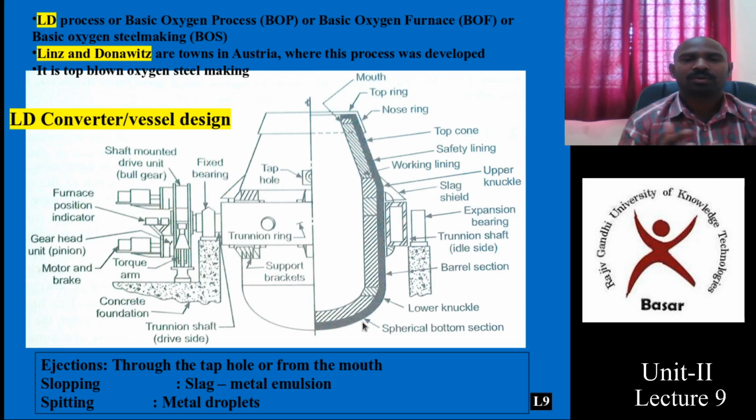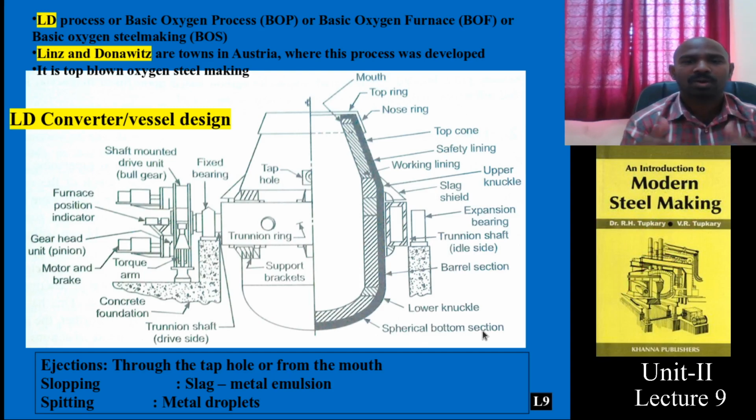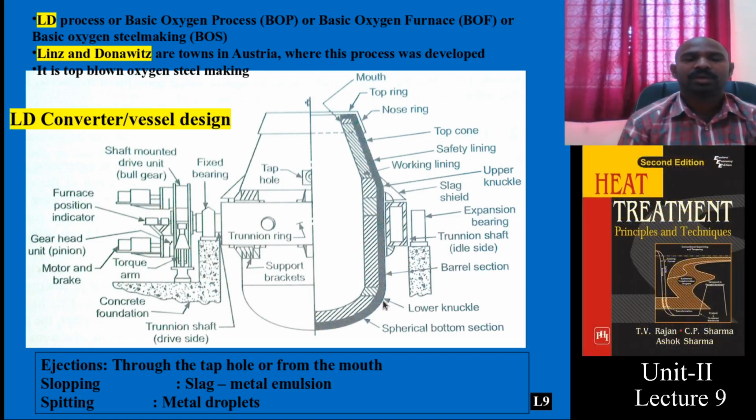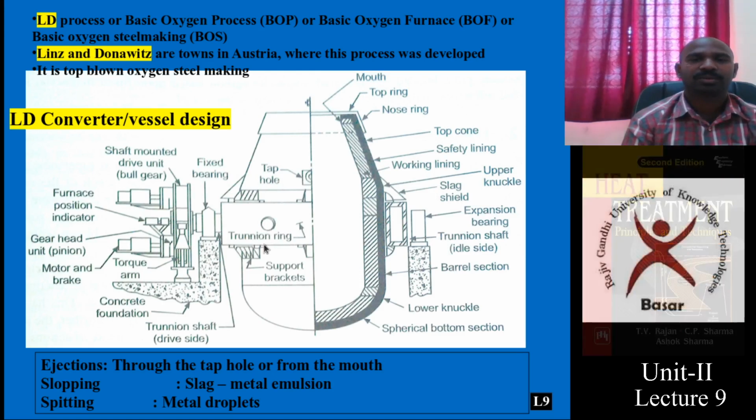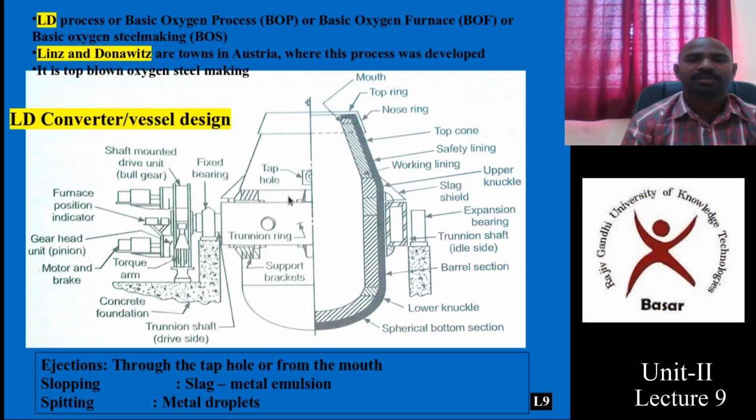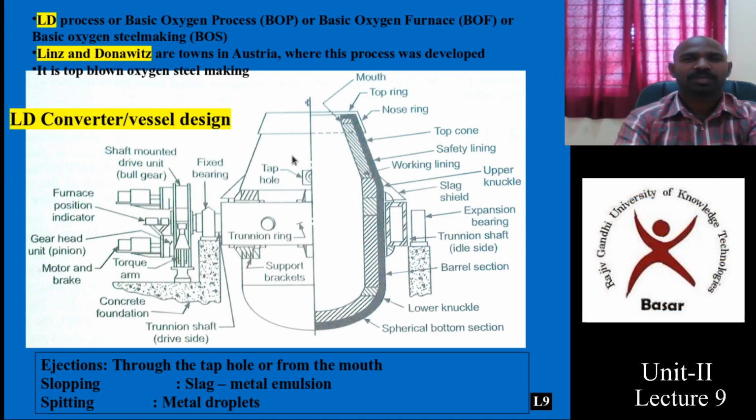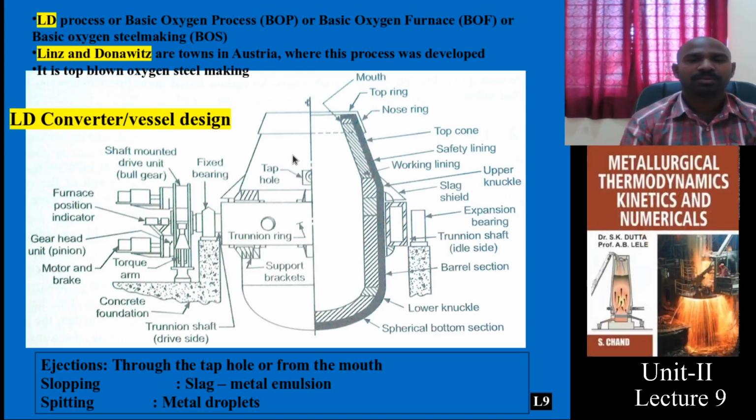The bottom part is a spherical shape bottom, and in between there are knuckles, just like rings. This is the upper knuckle and this is the lower knuckle. With this motor mechanism and trunnion ring, you can tilt 360 degrees to either side, either towards the opposite of the screen or to the other side.